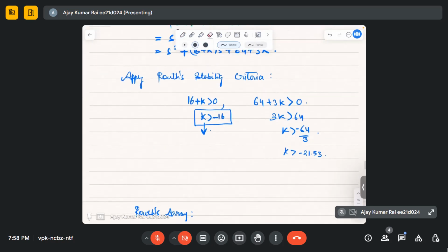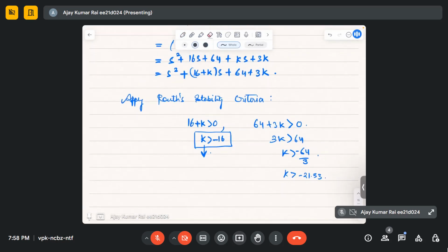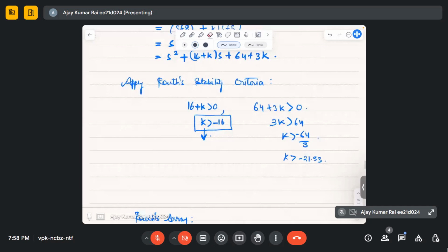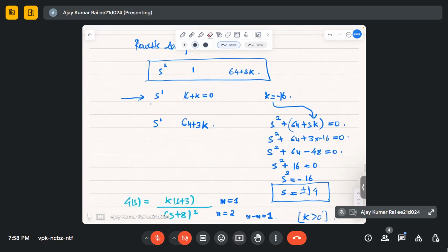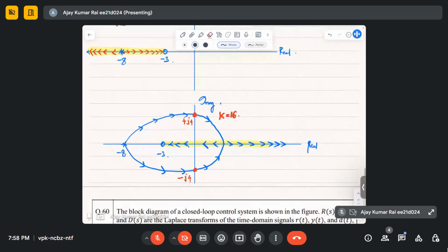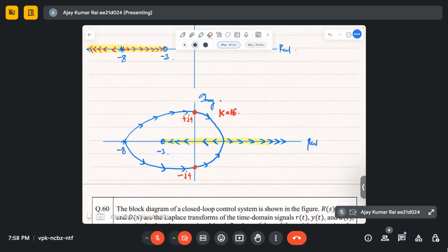But this is for k equal to negative values. And what can we say for k greater than minus 16, because k is varying from minus infinity to 0, right? So this portion is which portion?